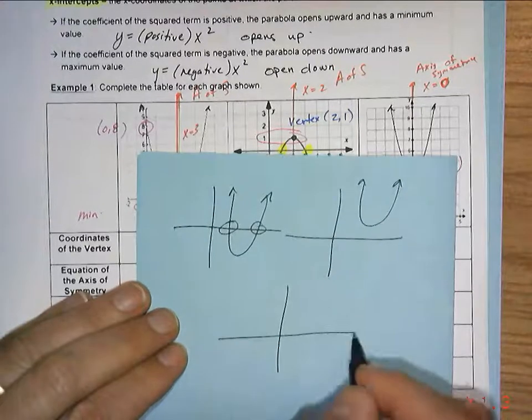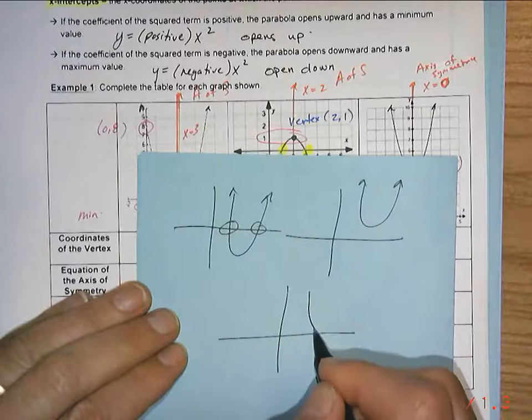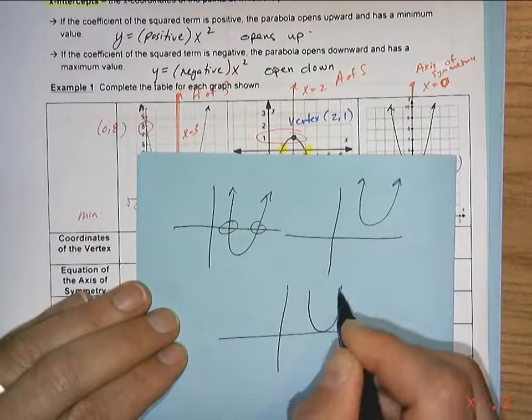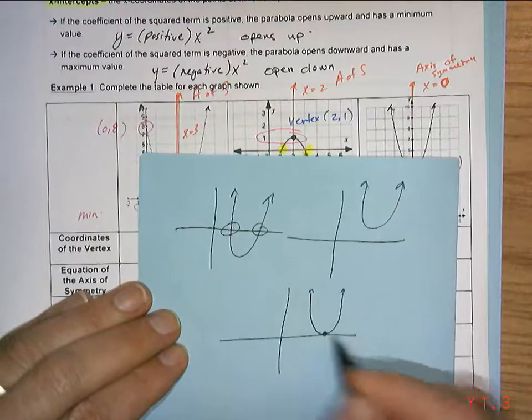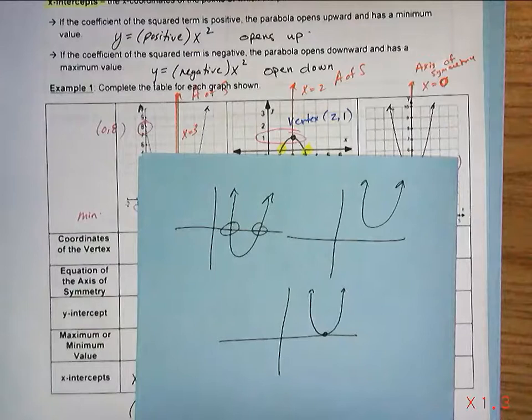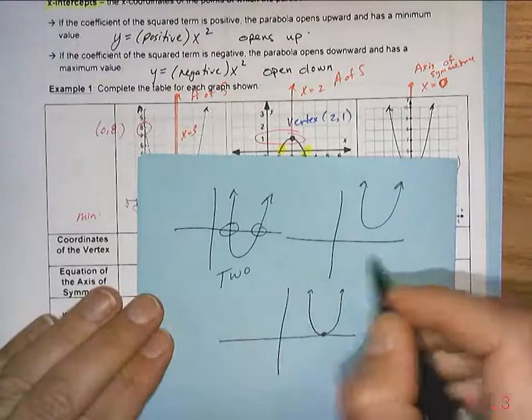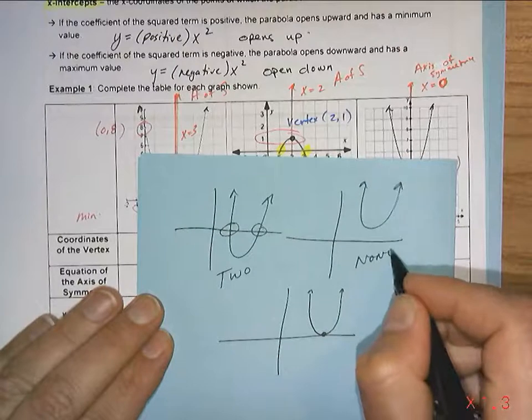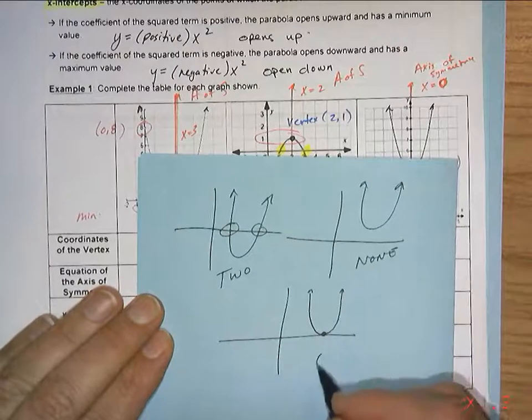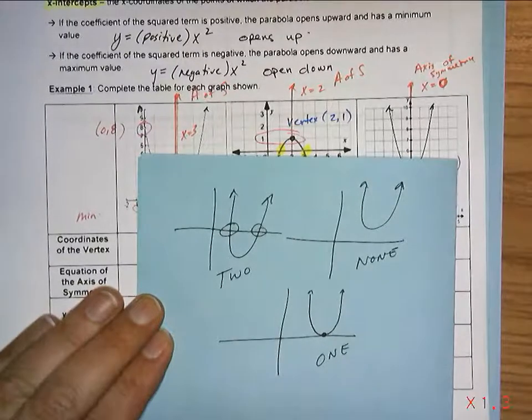And here's an example where it could have exactly one x-intercept, where the vertex lies on the x-axis. So you could have two, you could have none, or you can have one. All of them are possible.